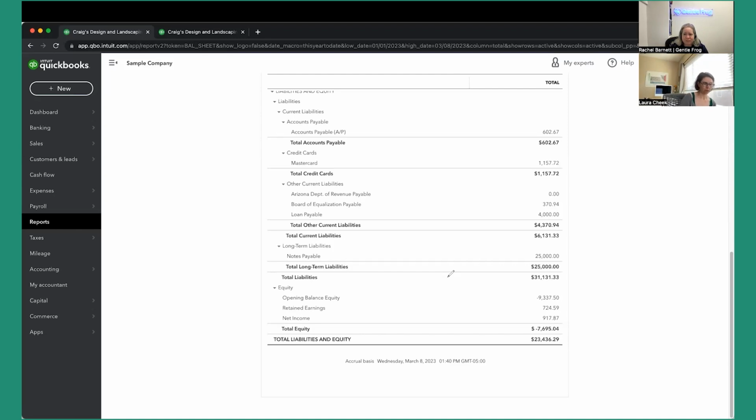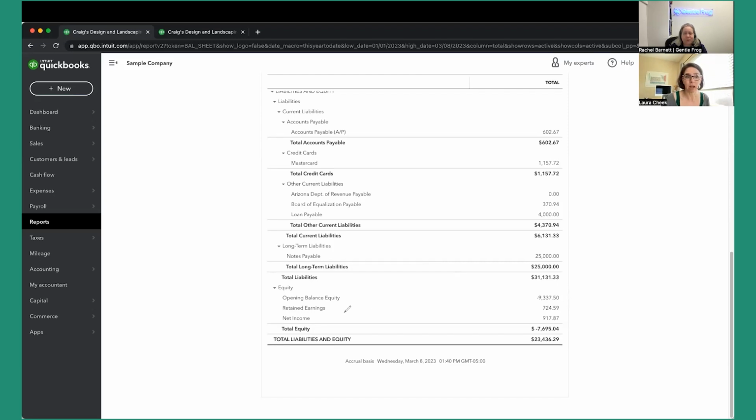So in equity, my retained earnings would be negative for my first year of my business, I think. So that means my business didn't make money.